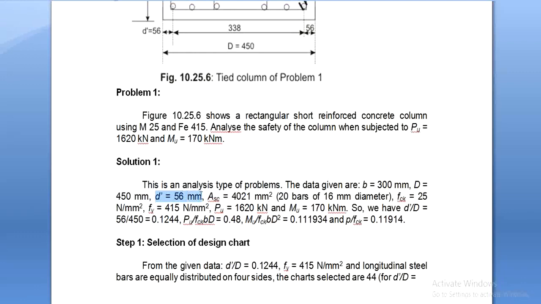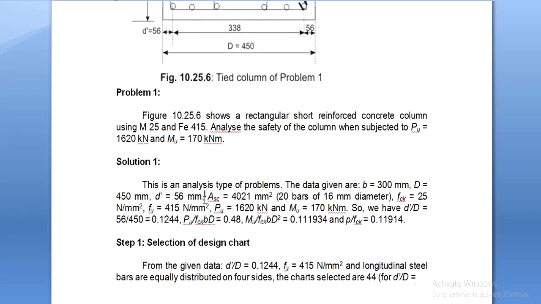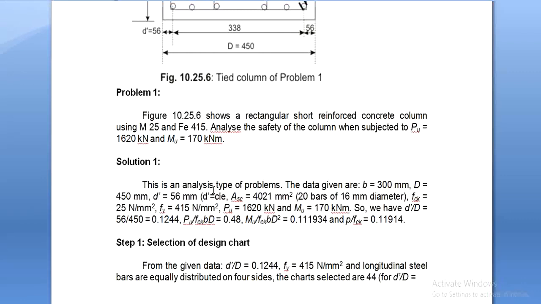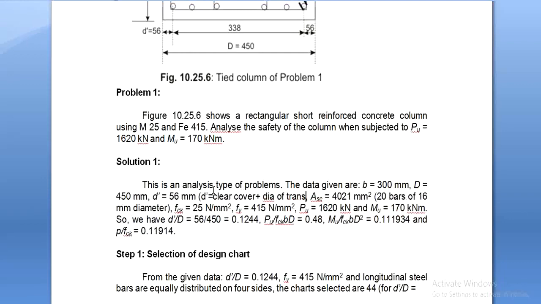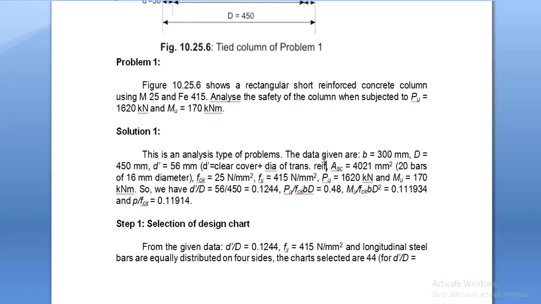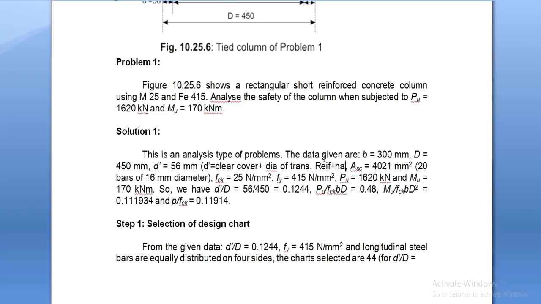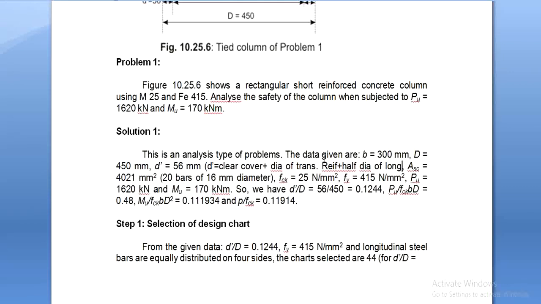Now finding out this d dash is very important. I have discussed the same thing in the previous session. d dash is nothing but the clear cover plus the dia of the transverse reinforcement, that is the dia of this particular ring, plus half of the dia of the longitudinal steel.